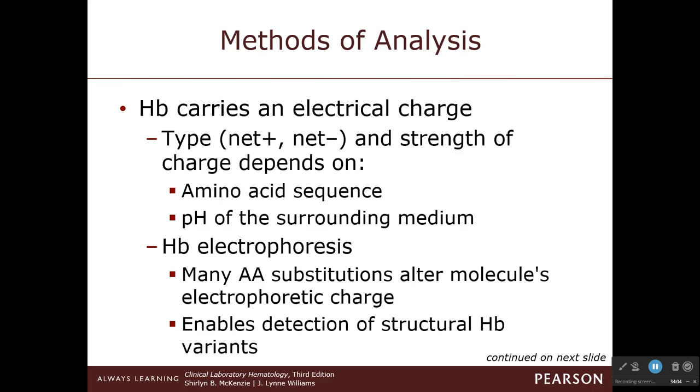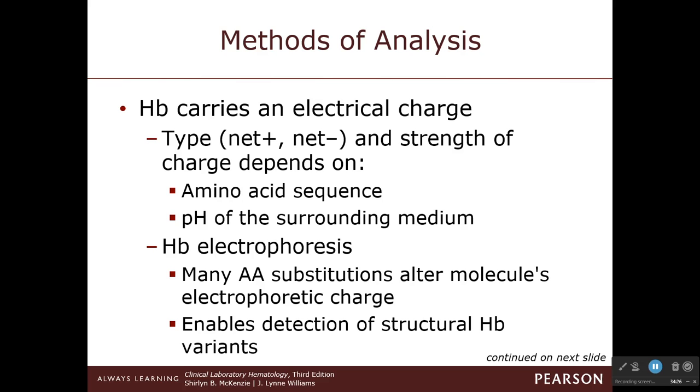Does that make sense? So this can be adjusted or changed by changing pH. You're going to see a pH of, I think it's 6.5, and a pH of 8.6. Those numbers might be off just a little bit, but I'm pretty sure those are the right ones.